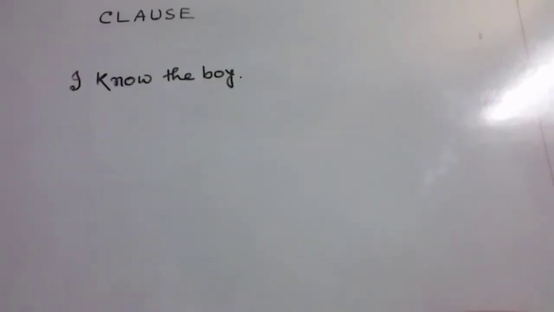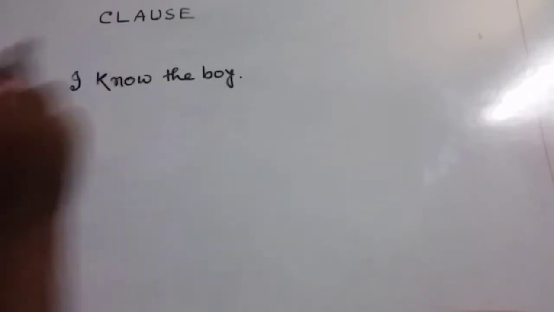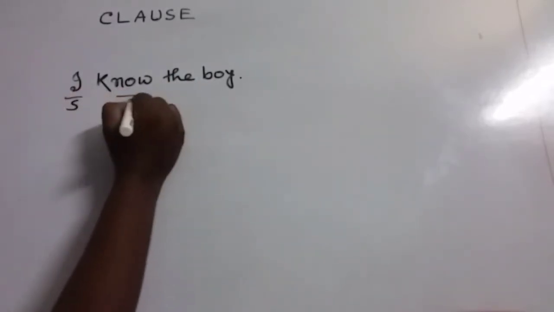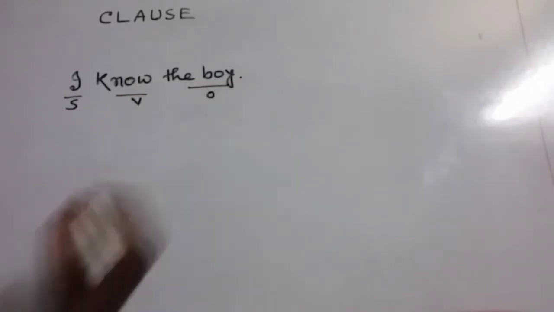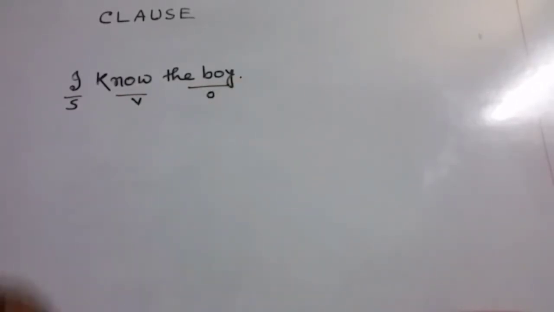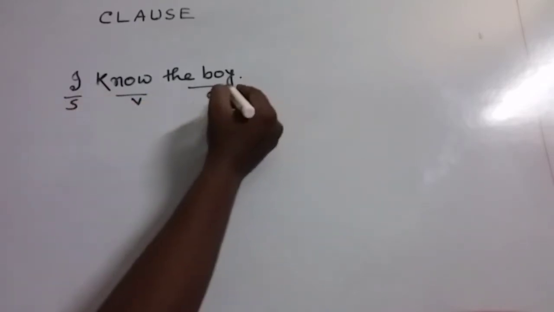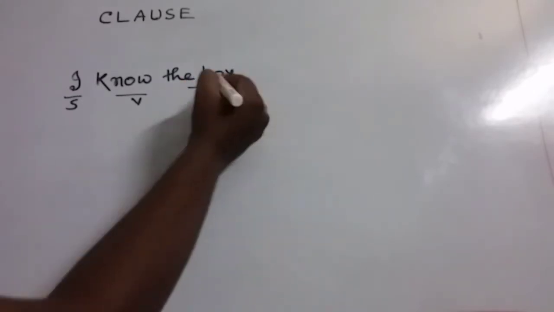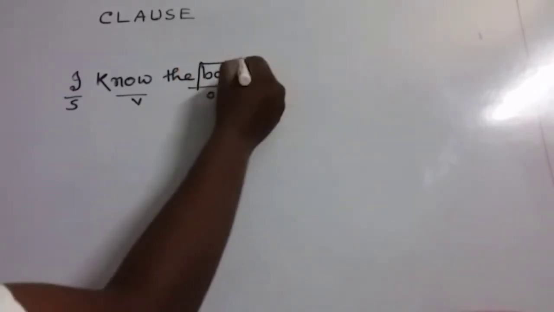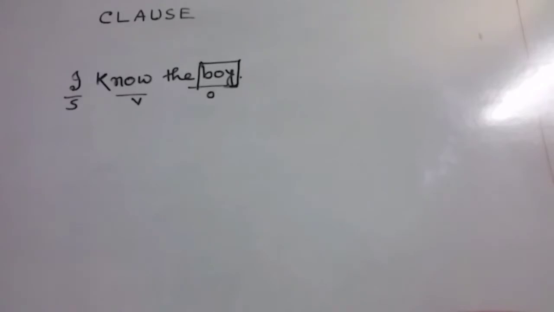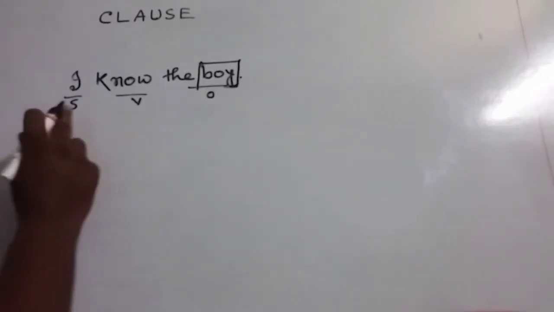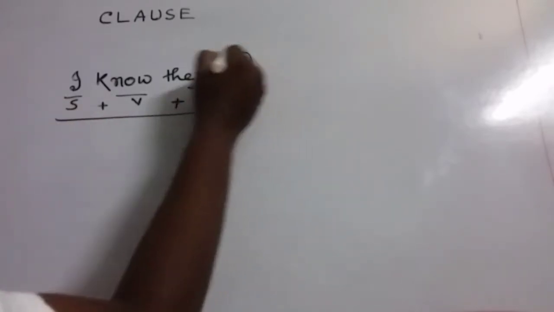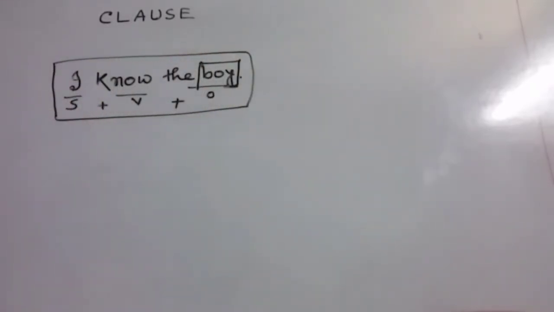My dear friends, here I have written I know the boy. This is the subject, this is the verb, and this is the object of this sentence. Here I have used only one noun, that is the boy. So we got subject, then verb, then object, and this part is a principal clause.